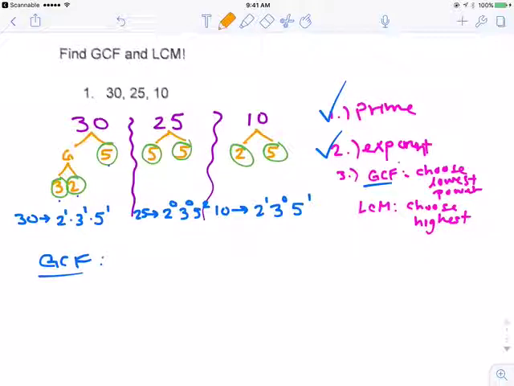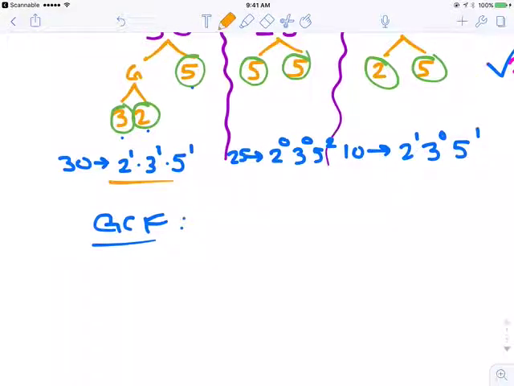Choose the lowest power. Look at each one. Looking at those 3, what's the lowest power of 2? 2 to the power of 0. Do you agree that the lowest one is 2 to the power of 0? For 3, what's the lowest power of 3? 0, right?